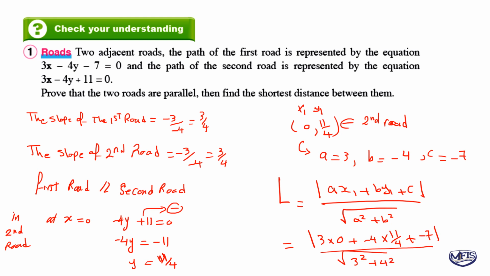So the answer will be 18 over 5, and 18 over 5 is approximately equal to 3.6 length units.